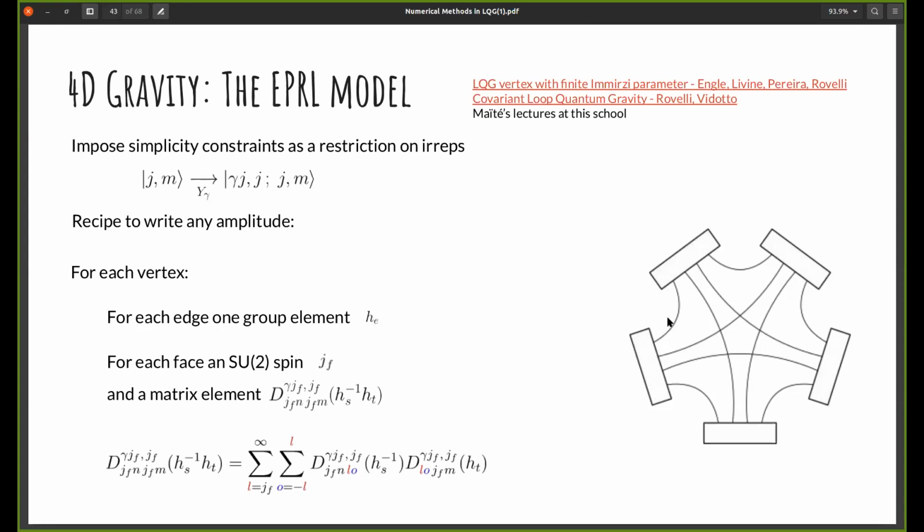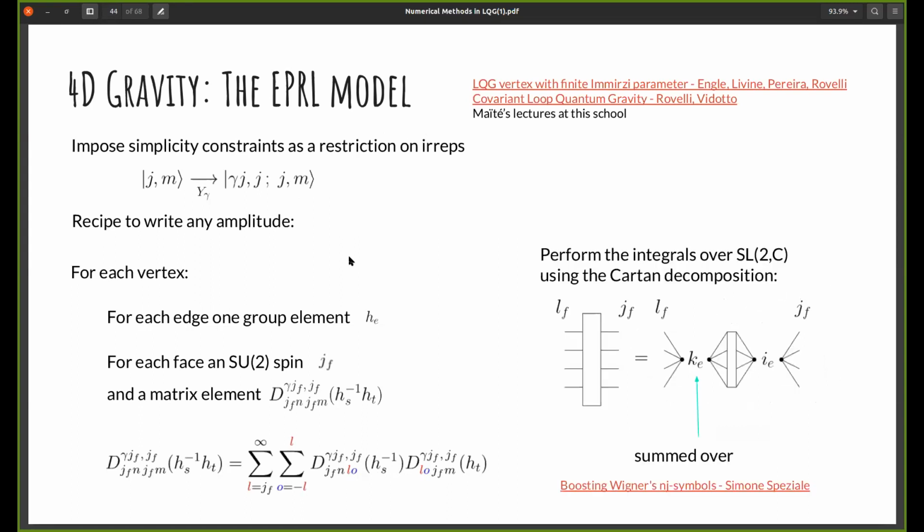So the model does not impose the Y map also on this SU2 representation, so we need to sum over all of them. And I'm stressing this point because it will be critical for the following. As we did before, we can perform these integrals exactly. That's the whole point of the libraries that I'm going to introduce in a second.